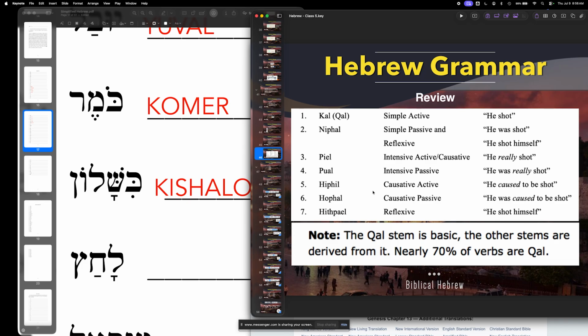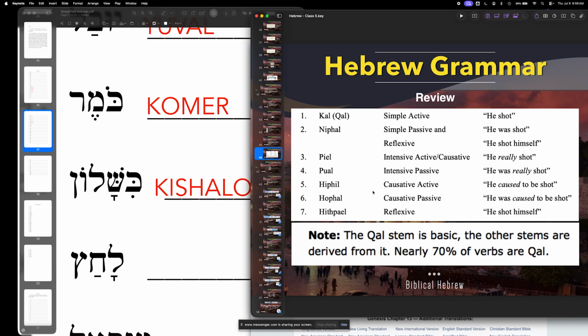If you're in a war and you fire a bullet, yes, you're shooting. If you're mounted on an M60 fully automatic machine gun and you unload the entire clip, you're still shooting, but it's different. That's the piel. You're unloading that gun. You are just decimating whatever's in front of you. It's an intensive form of the active verb.